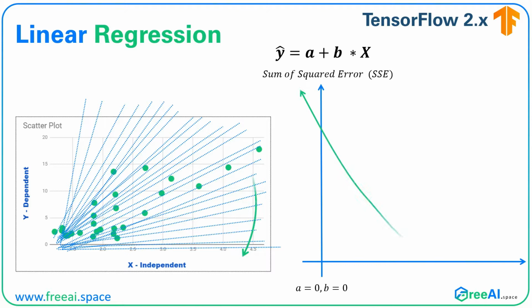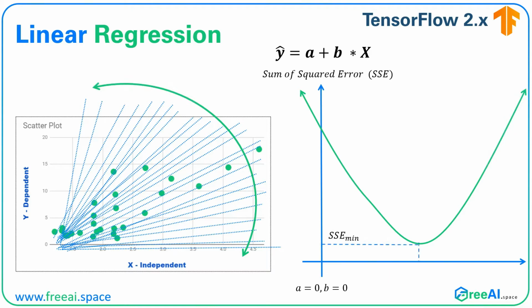As the slope increases, the error comes down, and again it starts increasing. So as you can see, we can find the minimum error somewhere at this point, and our objective here is to find the value of A and B such that we have that minimum SSE.